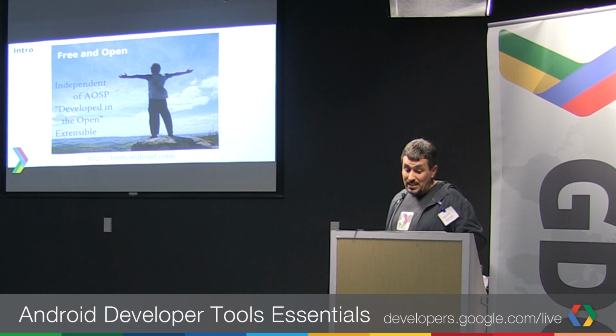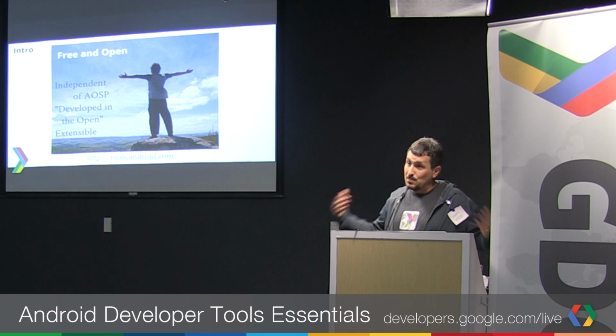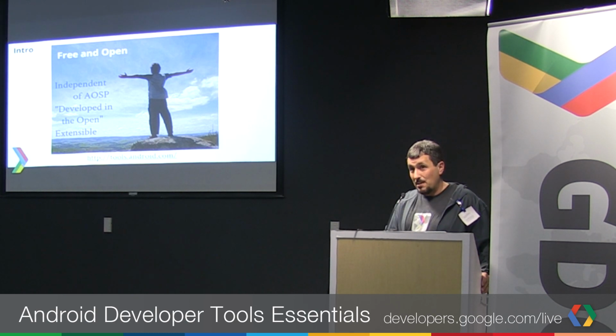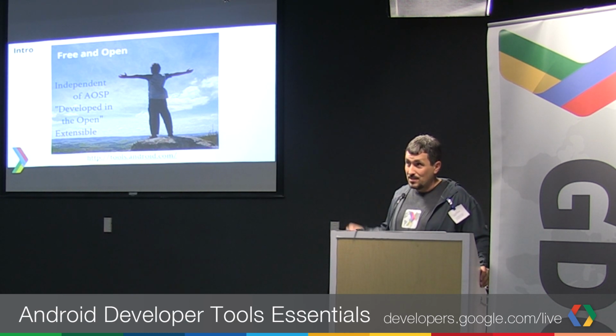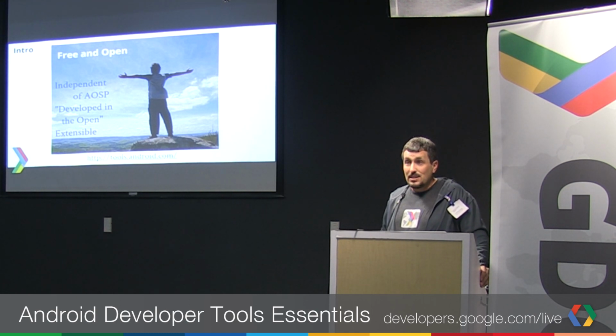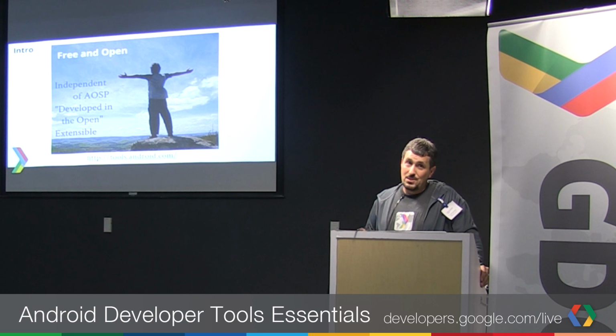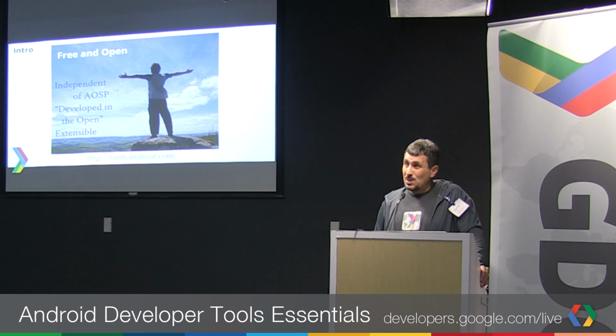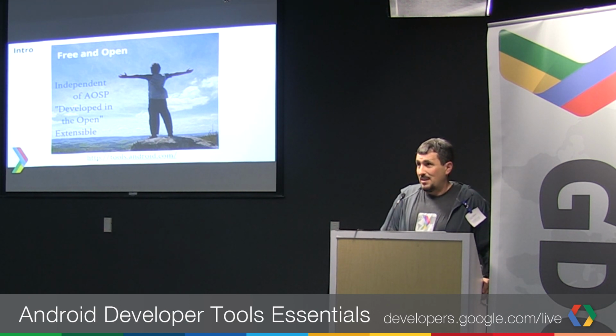The difference is the Android developer tools are developed completely in the open. There is an open branch that you can go check out the latest revisions of the code, and they do take submissions. If you have a fix or something, they do accept submissions. So it's a much different sort of project than Android.